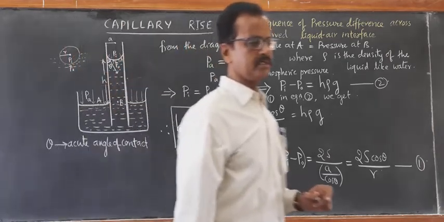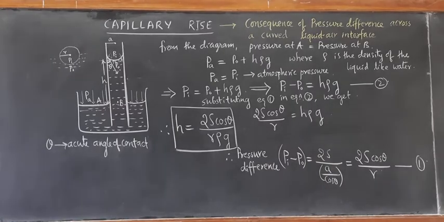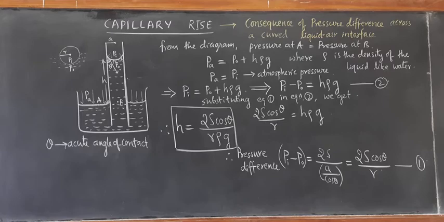So from this equation it is quite evident that the capillary height is inversely proportional to the radius of the tube. And also, capillary height is inversely proportional to the radius of the concave meniscus. Here, r is the radius of the concave meniscus.